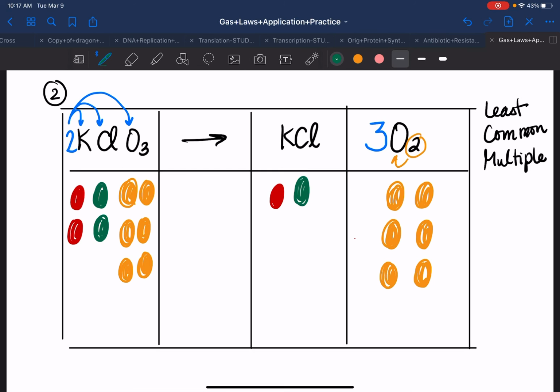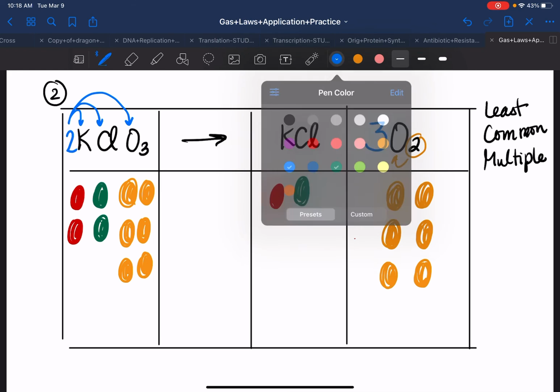So are we balanced? Hopefully you'll say no, because I have 2 Ks and 2 Cl's on the left side and only 1 K and 1 Cl on the right hand side.